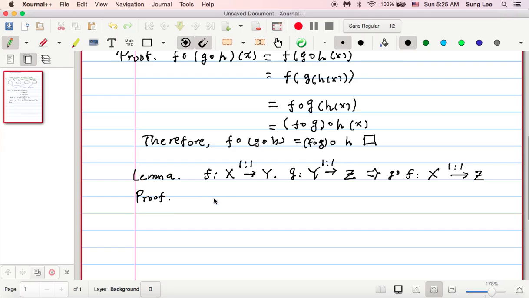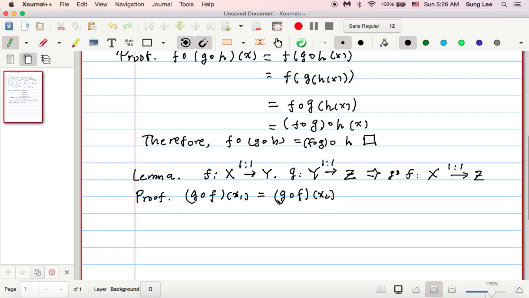To show one-to-one, we start out with (f followed by g)(x1) equals (f followed by g)(x2).